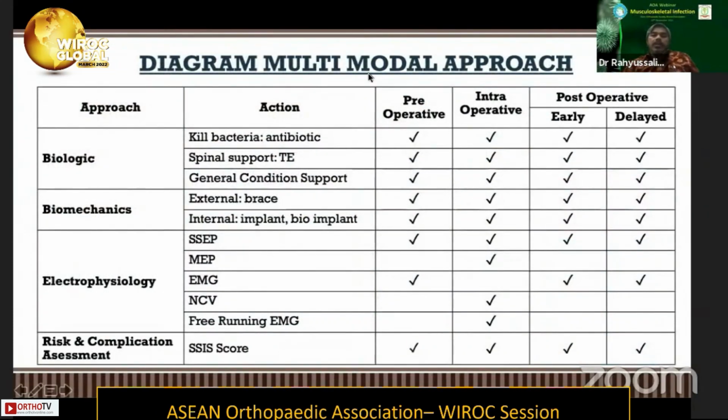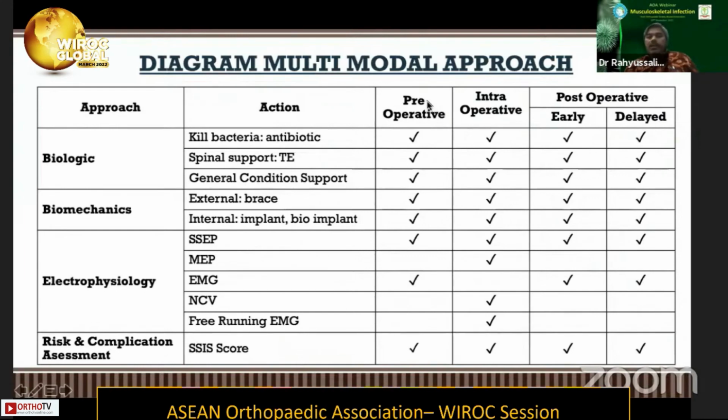So this is the diagram of the multimodal approach. This is the approach we should consider: biological, biomechanical, electrophysiology, and risk and complication assessment, preoperative. So we need to check killing bacteria, spinal support, general condition, brace, implant, and many more.